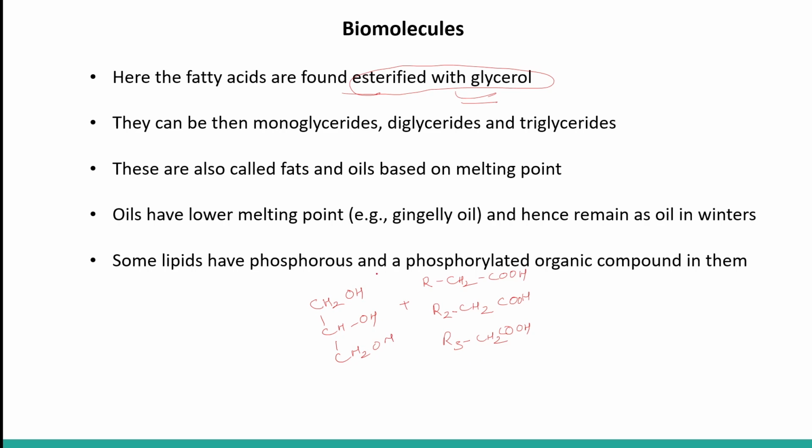So what happened? Water has been removed from here and it formed a bond like this. Water has been removed and it ultimately formed an ester.